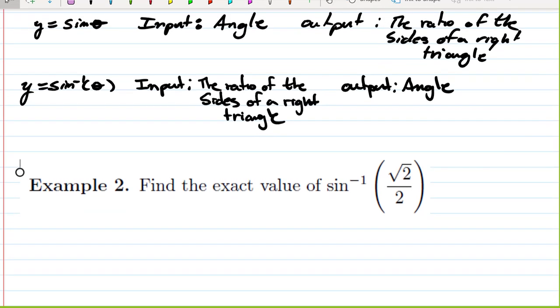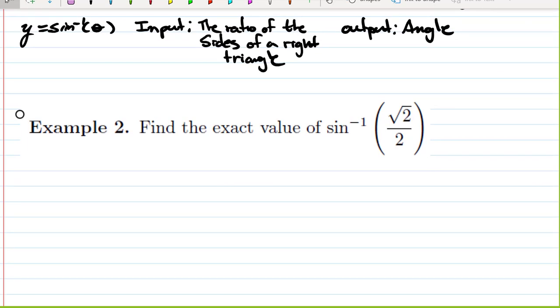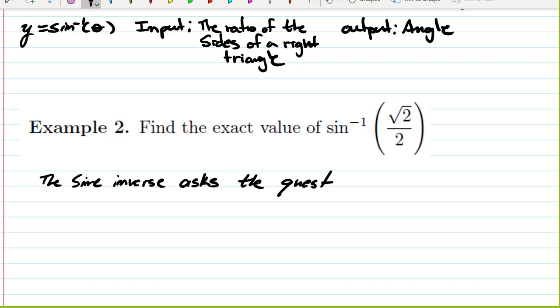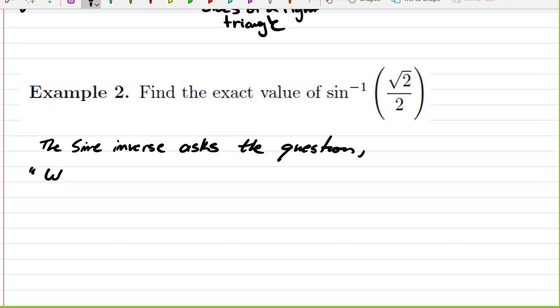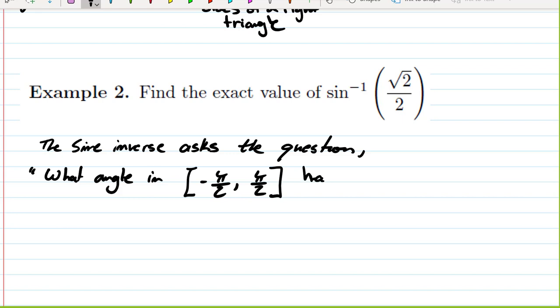So based on what we just wrote above, the sine inverse asks the question, what angle in negative pi over 2 to pi over 2 has sine theta equals square root of 2 over 2.